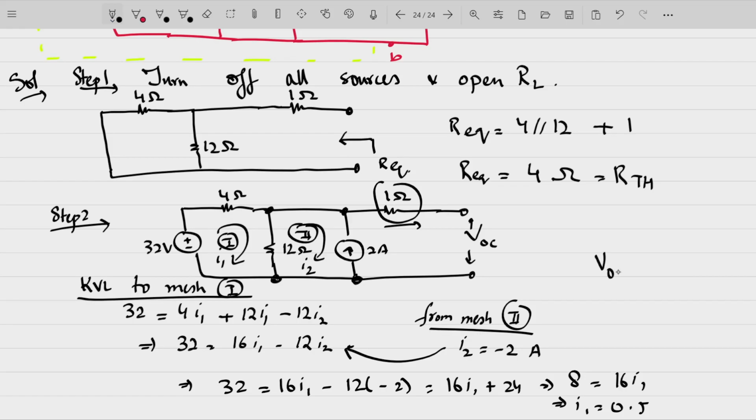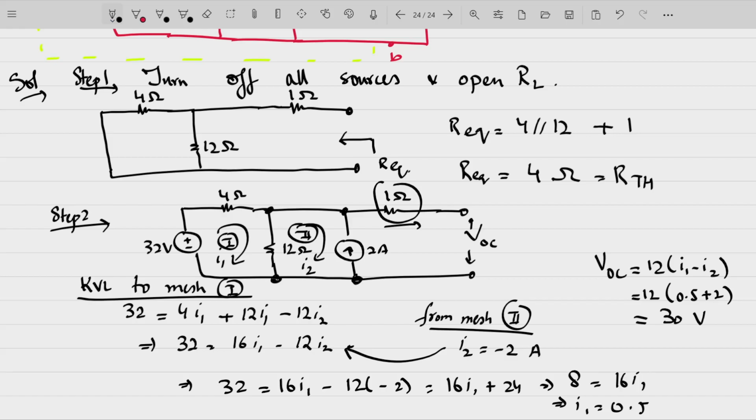Open circuited voltage is the voltage across this 12 ohm resistor, that is 12 into the current that is flowing through this resistance, that's I1 minus I2. 12 into I1 is 0.5 minus I2 is minus 2, that becomes plus 2. 12 into 2.5, that is 30 volts.